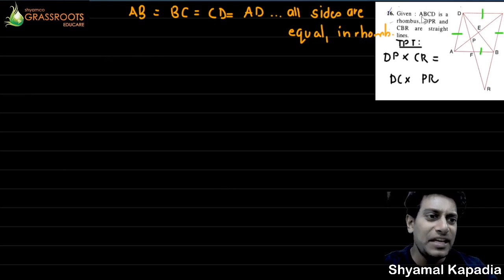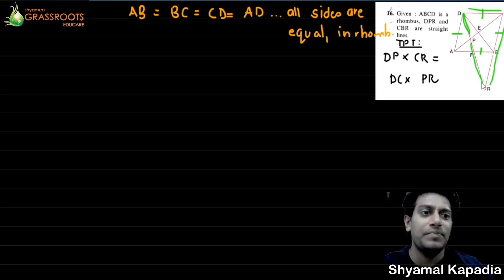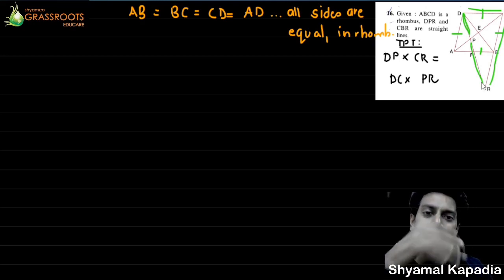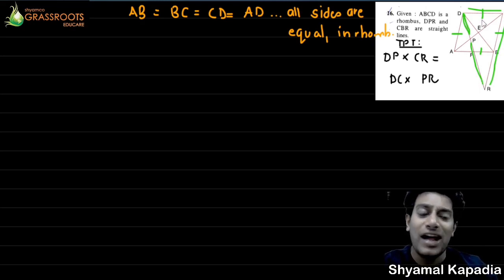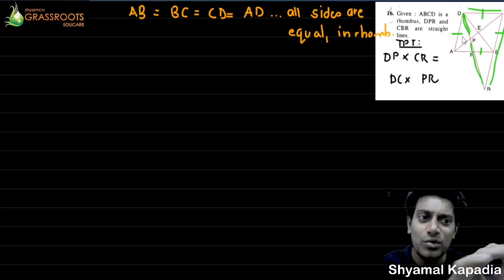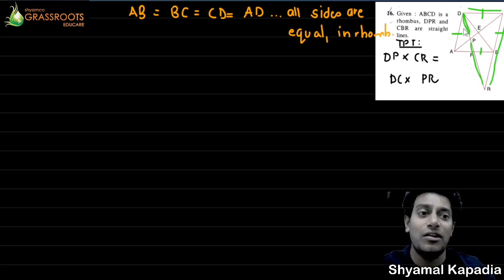Listen, DP means I am interested in this part. CR means this entire. DC is this part and PR is this part. So now the most important thing is, what should be the naming of such a triangle? Which triangles will you prove similar? ऐसा triangle select करो जिसमें majority of the sides are covered.